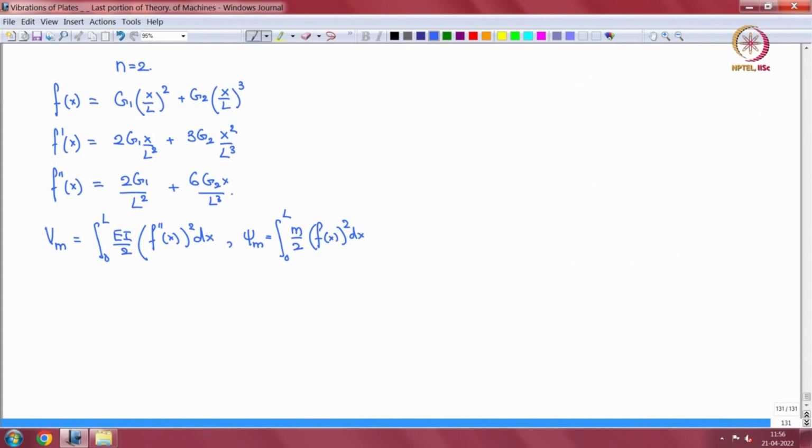Okay, so after all the integrations, my Vm now looks like EI by 2 [4 G1 square by L cube plus 12 G2 square by L cube plus 12 G1 G2 by L cube].